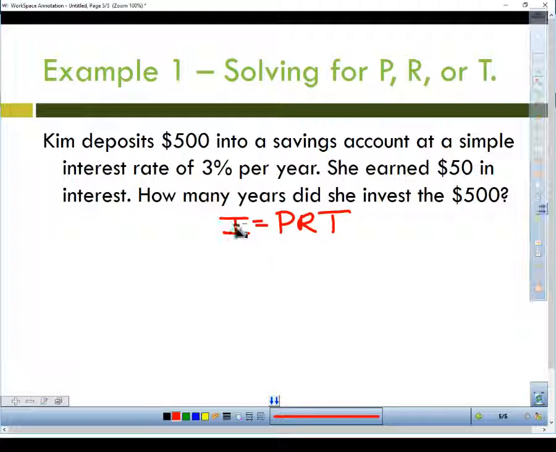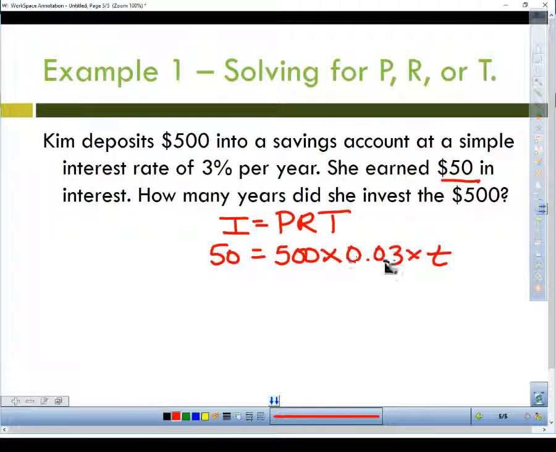I is the $50. The P is what she deposited, so 500. The R is 3%, which is 0.03. And we don't know the years, so I'm going to put a T, so times T.